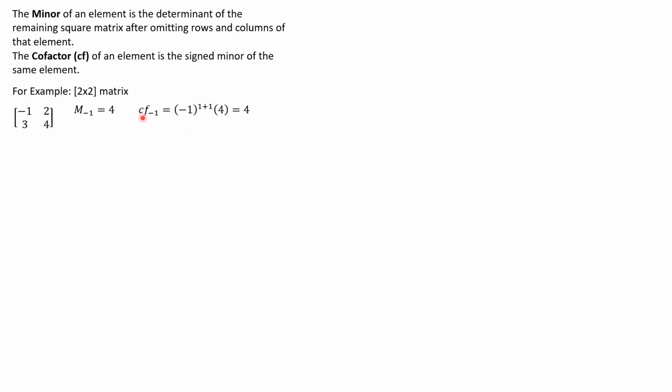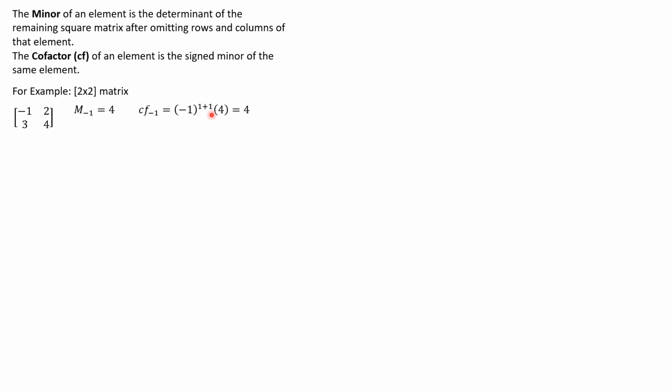So all diagonal elements will have a positive sign. Or in general, the formula for the cofactor is -1 raised to the row position of that element plus the column position of that element. In this case, for element -1, it is in row 1, column 1.